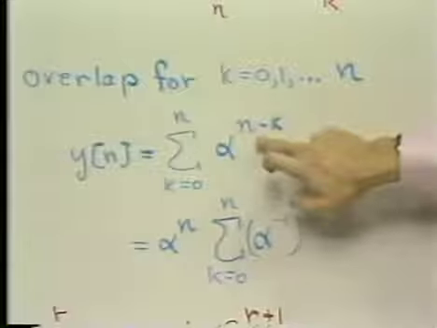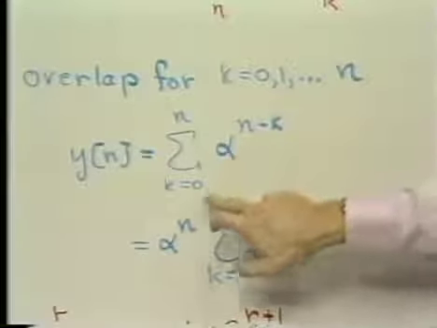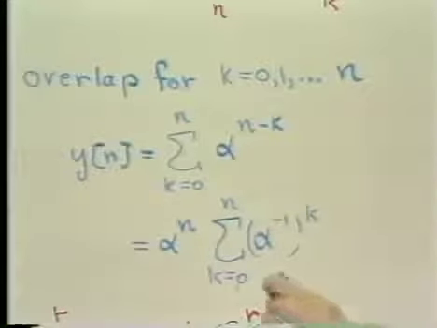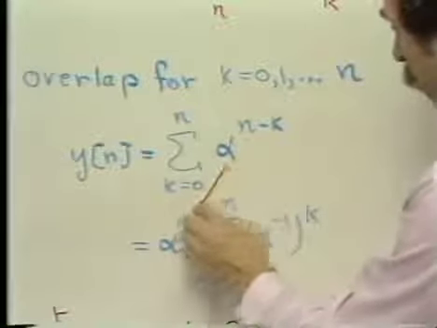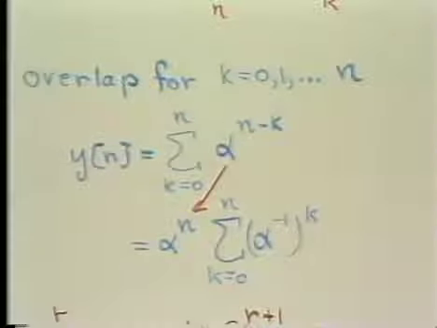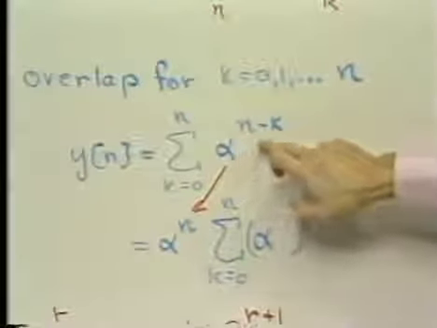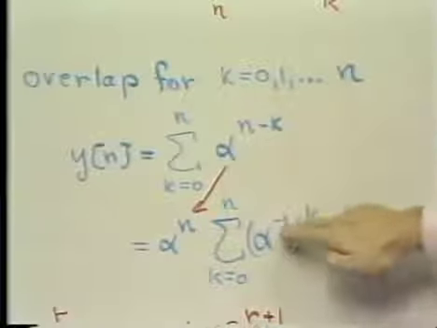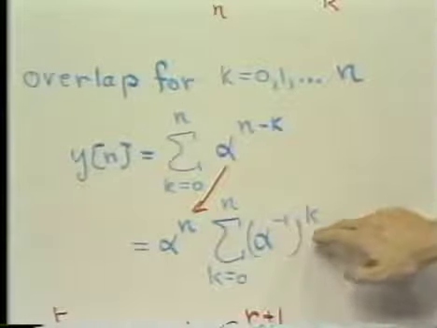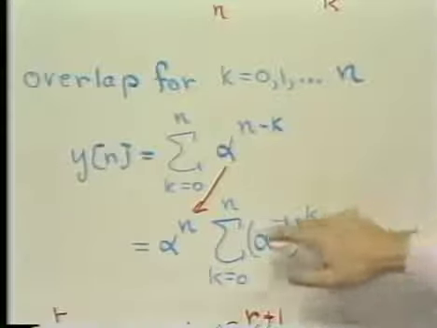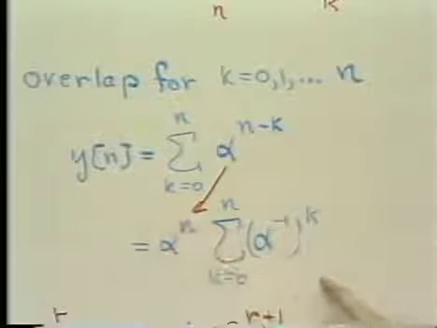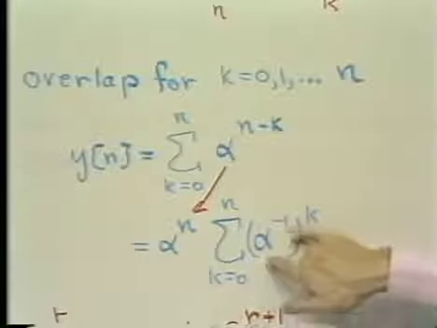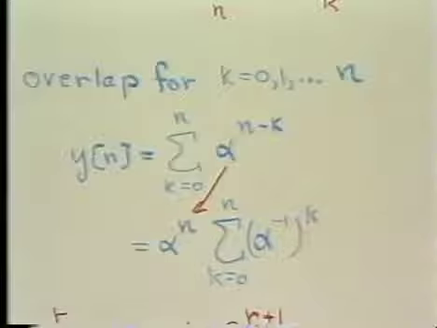We now pull out the term alpha to the n because the summation is on k, not on n, so we can simply pull that term out of the sum. And we now have alpha to the minus k, which we can rewrite as alpha to the minus 1 to the k. And the upshot of all of this is that y of n we can now re-express as alpha to the n, the sum from 0 to n of alpha to the minus 1 to the k.